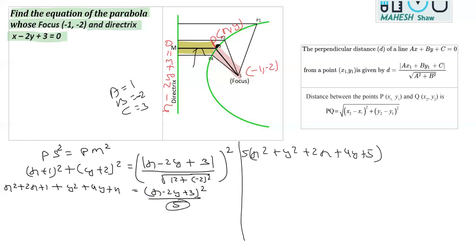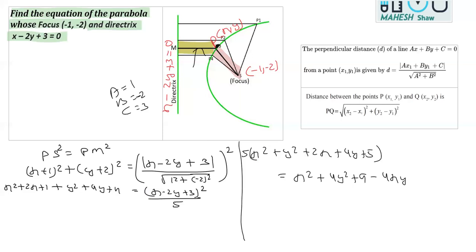So for applying this, I'm writing A, which is x here, A square plus B square, that is minus 2y whole square, plus C square, which is 9, and then plus 2 times first term into second term. So it will be minus, as there is a minus 2y, 2 into 2 is 4, so that is minus 4xy.